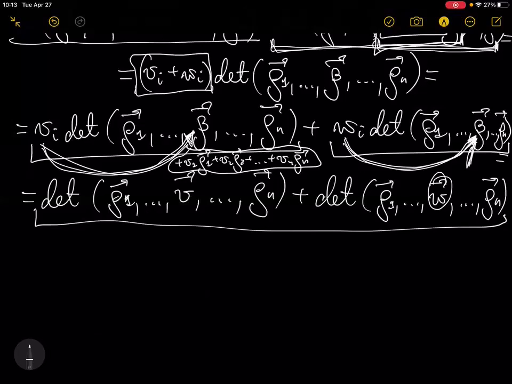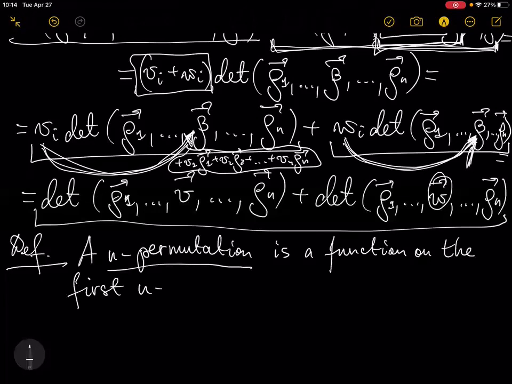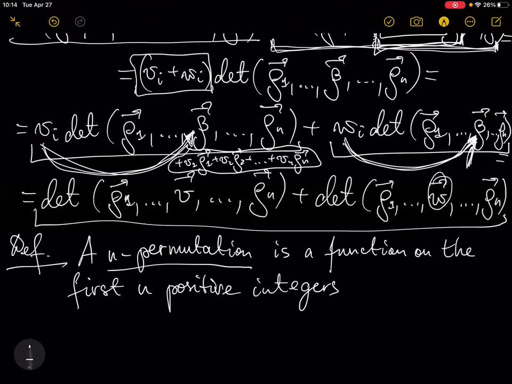An n-permutation is a function on the first n positive integers, phi from 1..n to 1..n, that is one-to-one and onto.